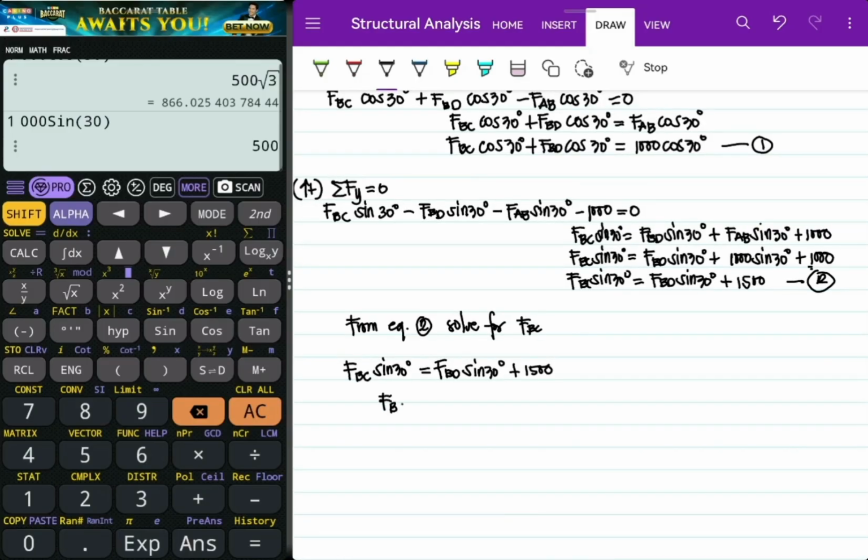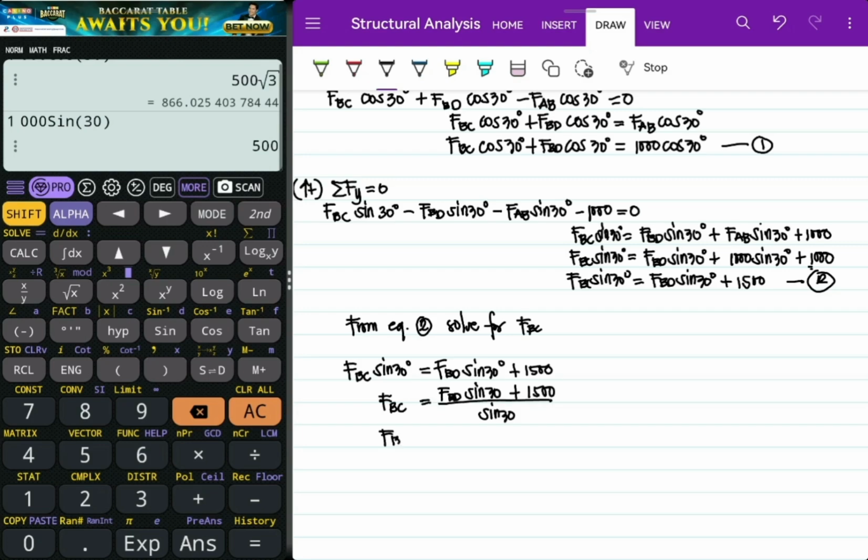Divide both sides by sine 30, so we have FBC is equal to FBD sine 30 plus 1500 all over sine 30.